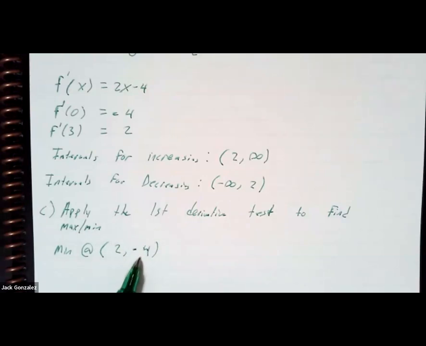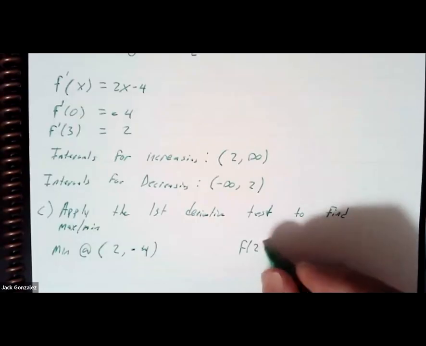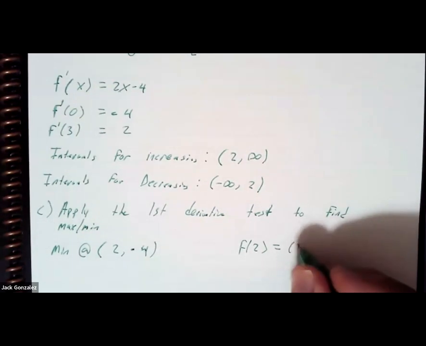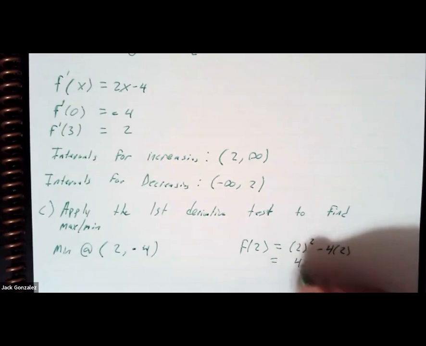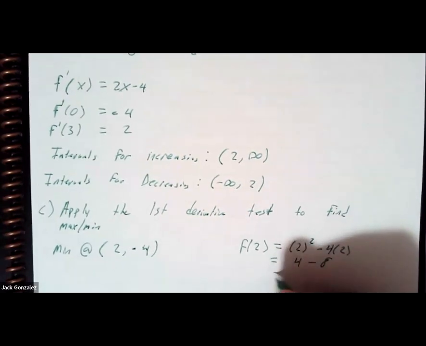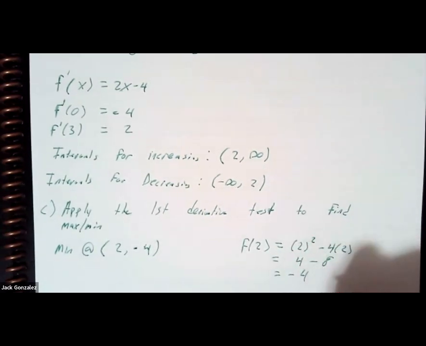The y value you'd have to plug in to find, but you'll know it's a minimum at the critical number with all the info so far. So you plug the critical number into the original function: 2 squared minus 4 times 2, which is 4 minus 8, which is negative 4.